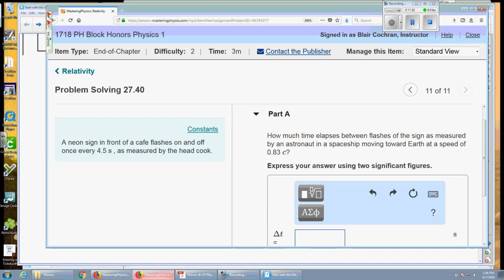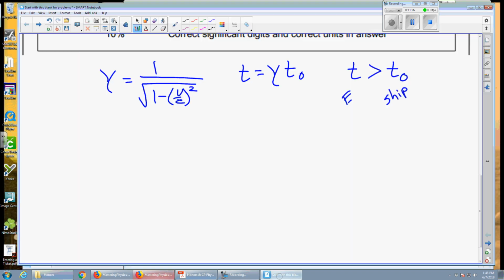So, I've got 4.5 seconds and 0.83 C. What's nice is since V is 0.83 C, V over C is just 0.83. Remember, keep things in terms of the speed of light. The less times you have to put in 2.79, blah, blah, the better.